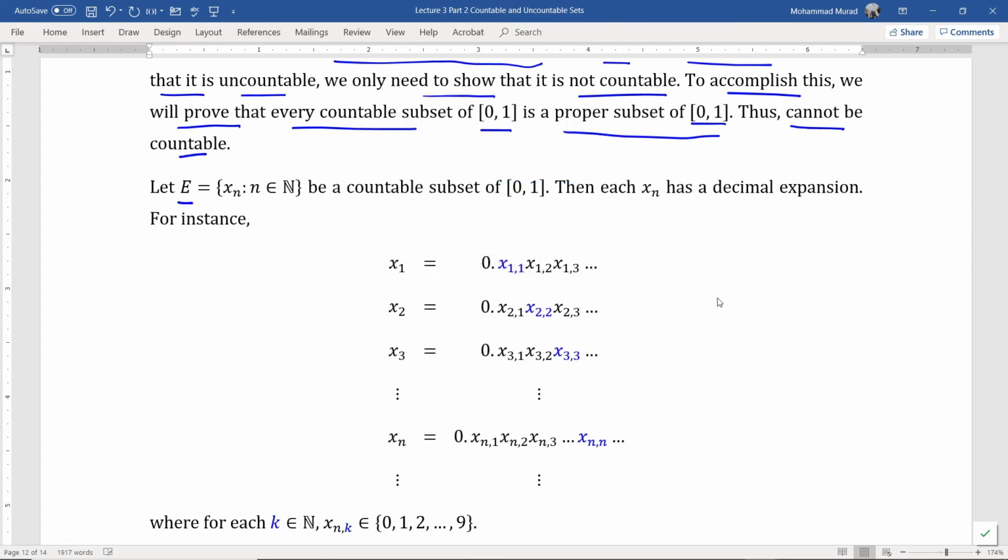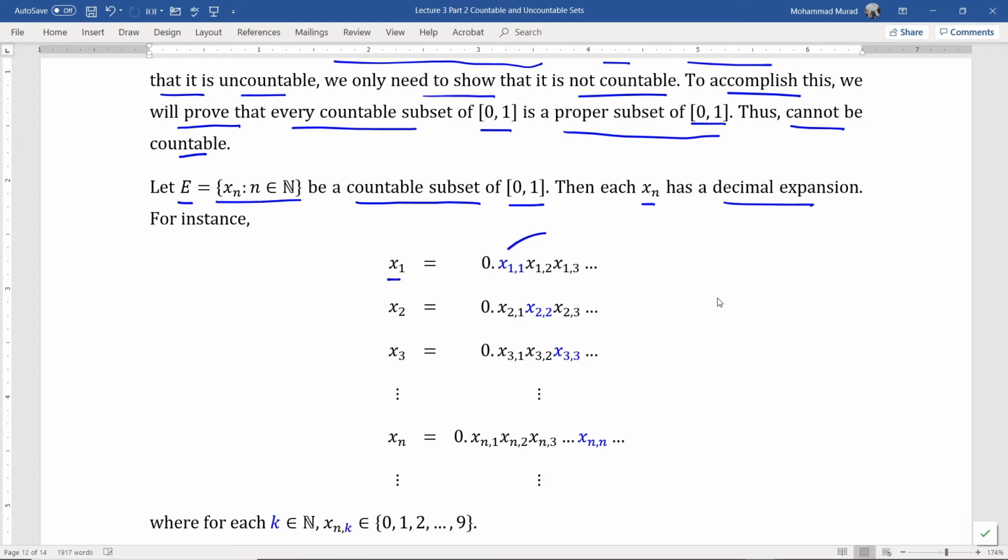Let E be a set of elements x sub n, where n is a natural number, a countable subset of this closed interval. Then each x sub n has a decimal expansion. For example, x sub 1 can be written as 0.x_{1,1} x_{1,2} and so on.